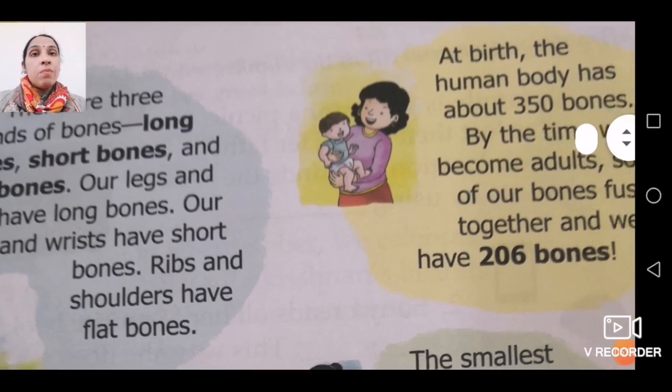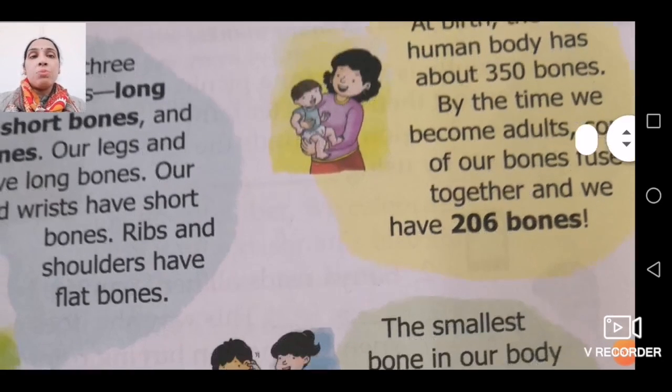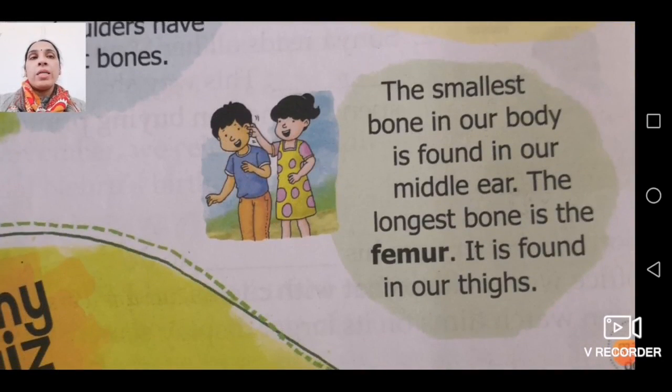Next, at the time of birth, how many bones do we have? More than 300, and as we grow up these smaller bones fuse together, and we are left with 206 bones. Now the smallest bone in our body is found in the middle of the ear, that is the stirrup, and the longest bone is the femur.